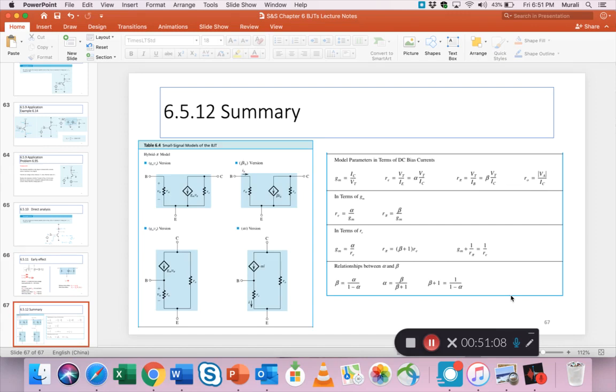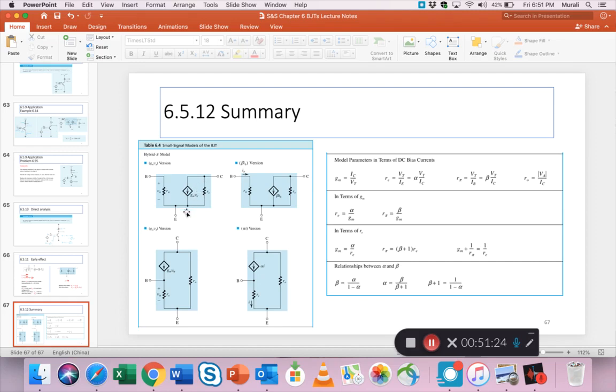So the very last slide, and I promise you this is the last minute. This is from the textbook. He has done a very nice summary of all the concepts that we have studied so far in the small signal, including the early effect.